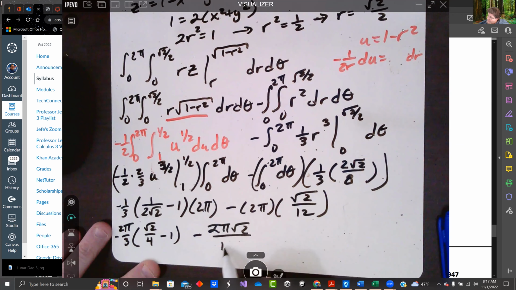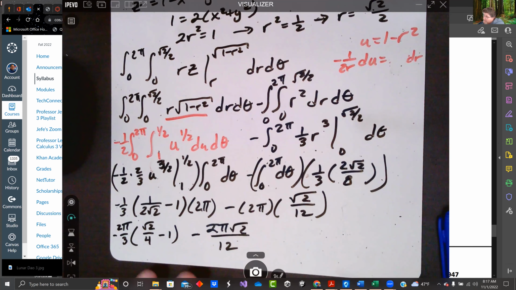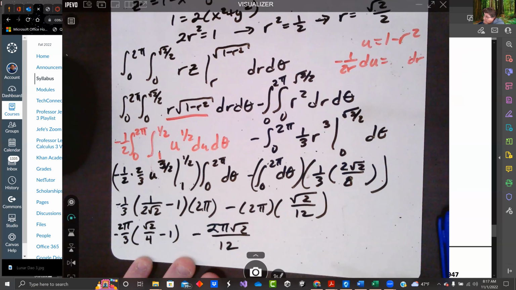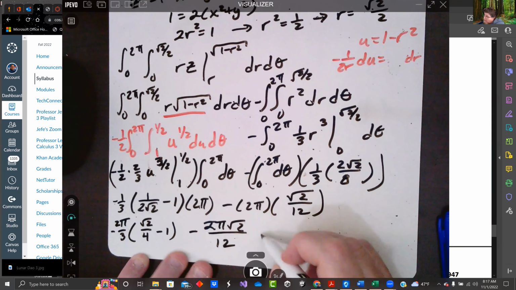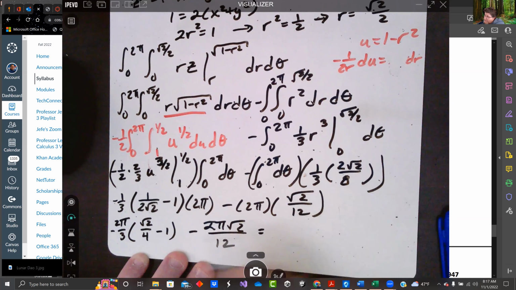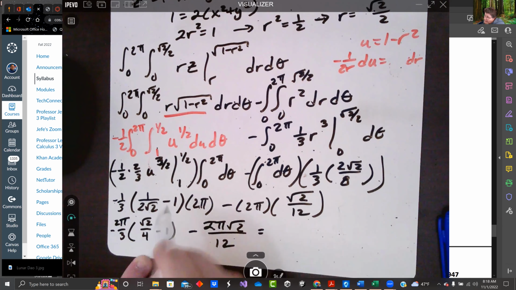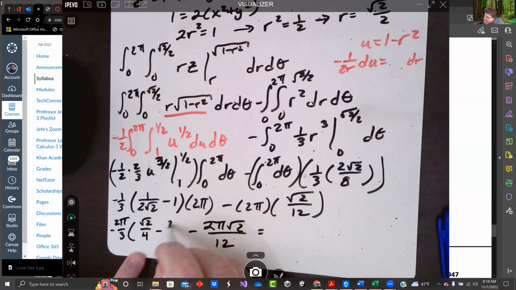And I think I should just get a common denominator of 12. So I've got -2 pi. This will give me a 12. I can make this 3/3, or 4/4 when I multiply it in.